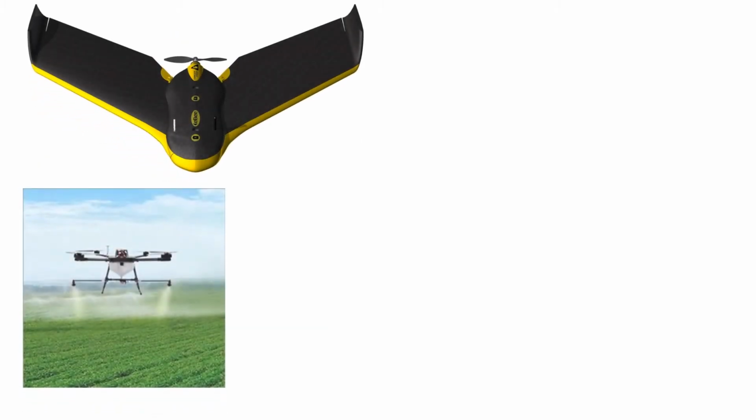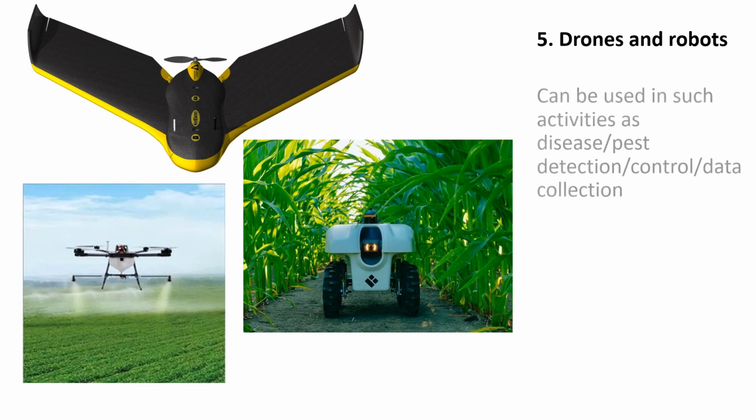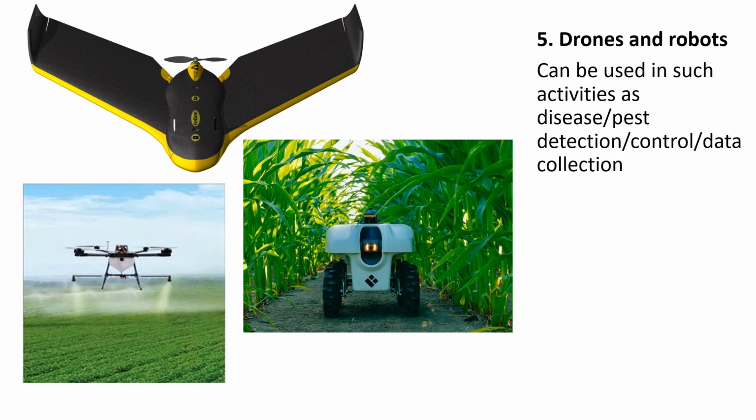The other tools that we have in precision ag are the drones and robots. We are saying that these drones or robots can be used in such activities as disease and pest detection or control, or data collection. Now here in these photographs, I have three types of equipment.